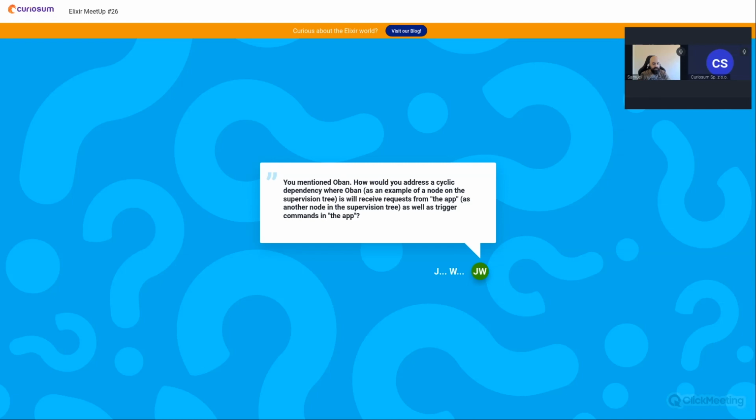So it's up to us to see in which order and which strategy we use for that dependency. Let's say Oban, for example. Oban uses our database like Postgres or whatever you're using. So in your application, you need to put that below the initialization of your database, because Oban depends on that.